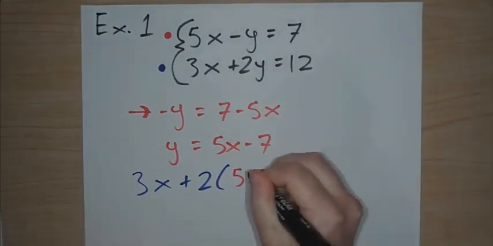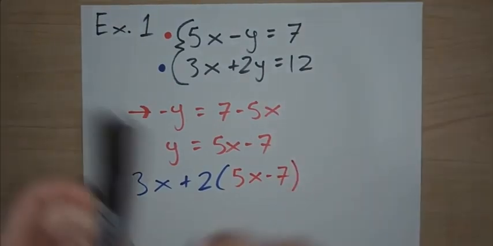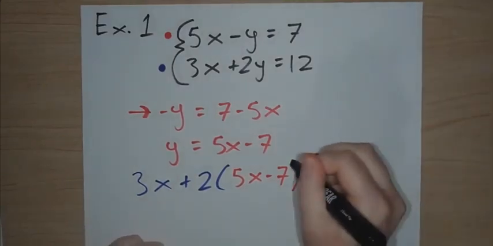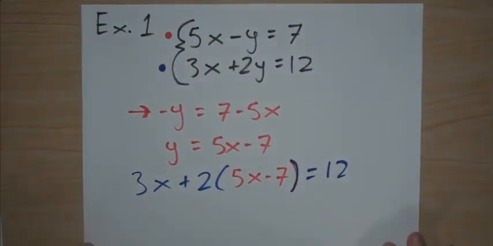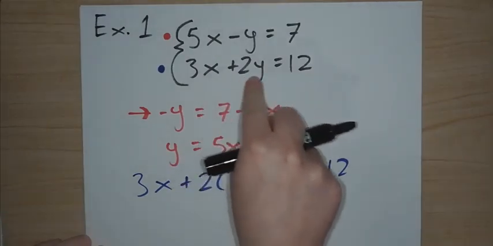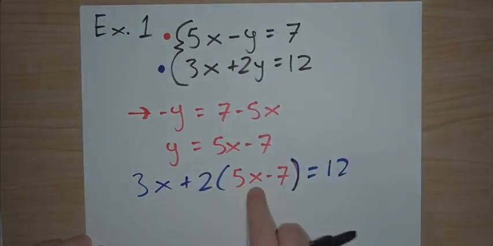So I'll color code that, 5x minus 7, is equal to 12. So we have 3x plus 2 times 5x minus 7 is equal to 12. And you'll notice that now, instead of having two variables, x and y, we now only have one variable, x. And so we can now solve this equation for the variable x without y getting in the way.